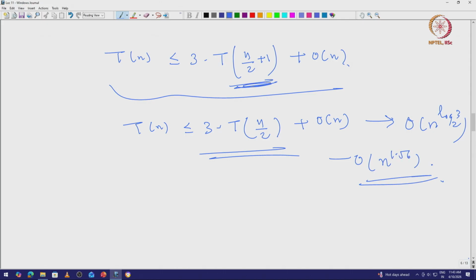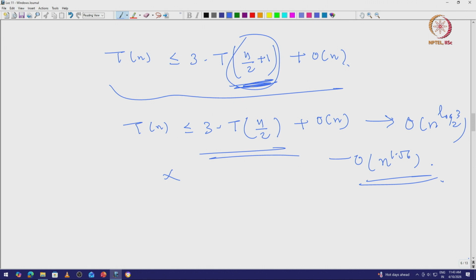But it is actually like this. Well, it will not change the order, but you can see that this requires a different treatment. I can't apply the master theorem. The important thing is that I am getting n by 2 plus 1 rather than n by 2.